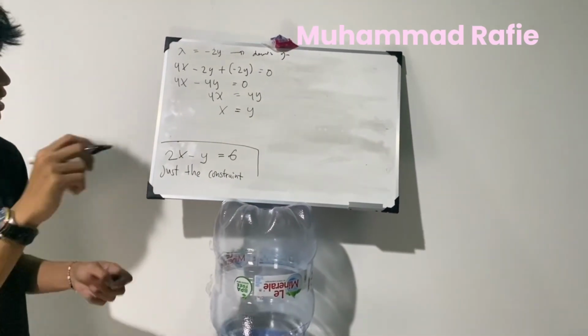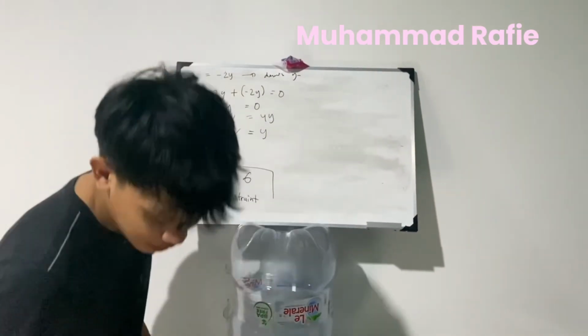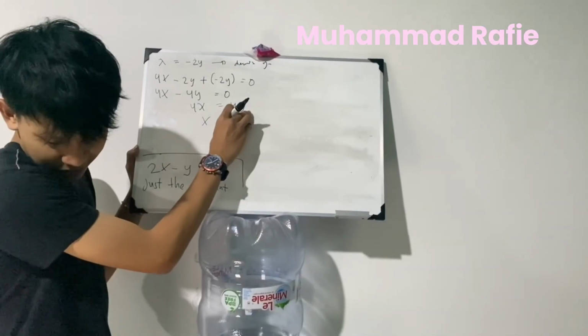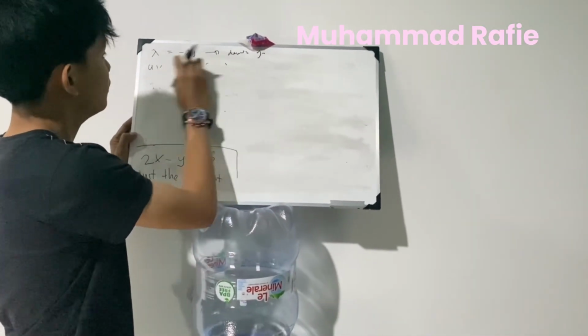So the final step, the final substitution. Now we substitute x equals y into the constraint.